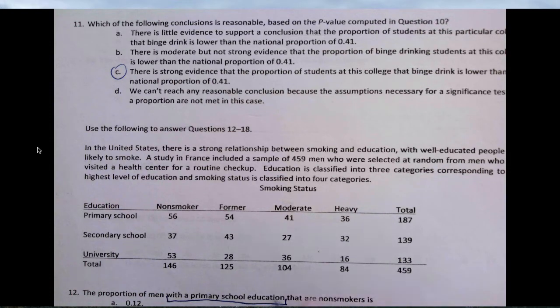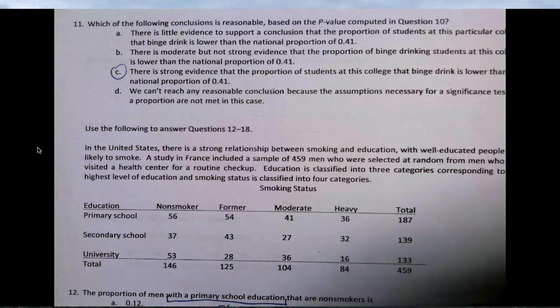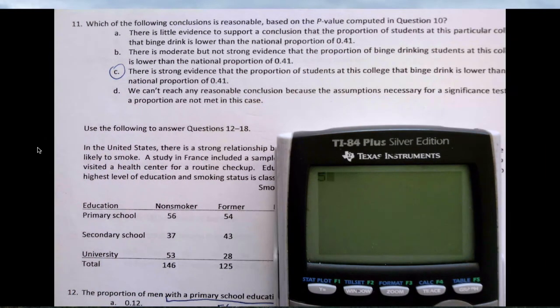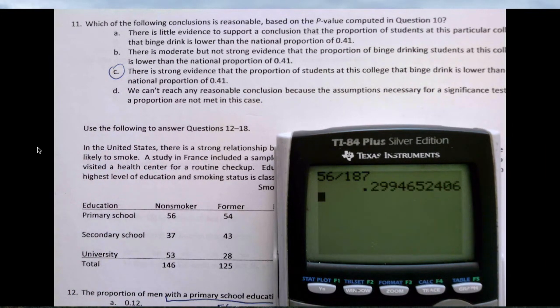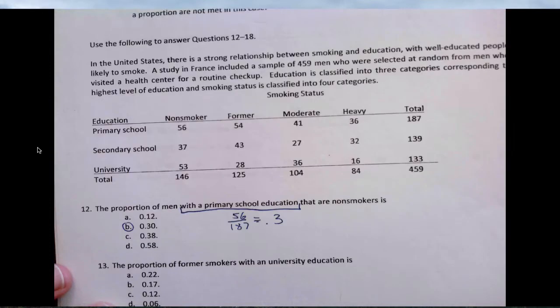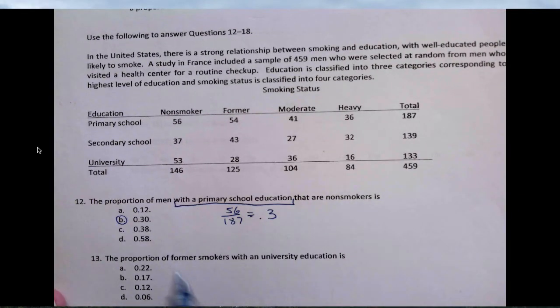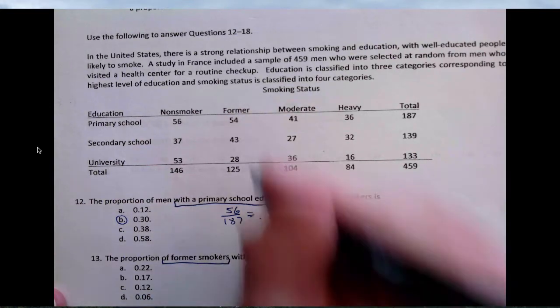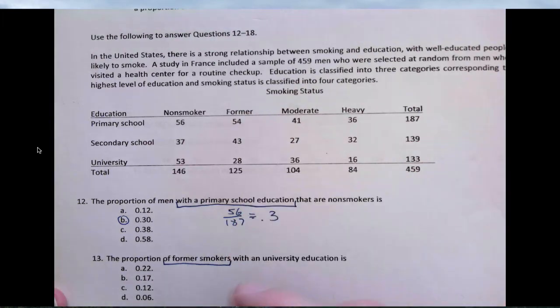So we're only talking about the primary school, 187 people, and non-smokers in that category is 56. So 56 out of 187 is going to be 30%. The proportion of former smokers with university education: of former smokers means that we are only talking about these 125 people.